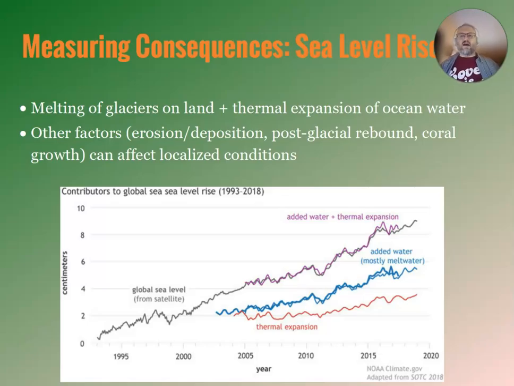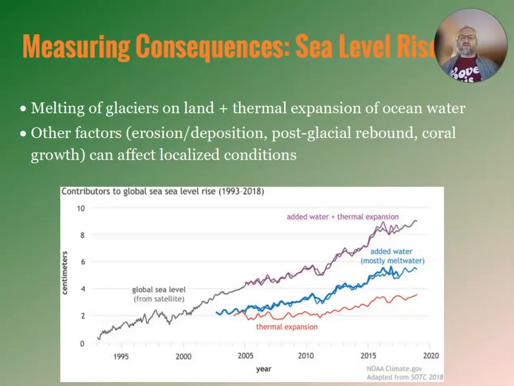All right, so another important consequence of climate change is sea level rise. We can measure the increase in sea level around the world, and we primarily do that using satellites.